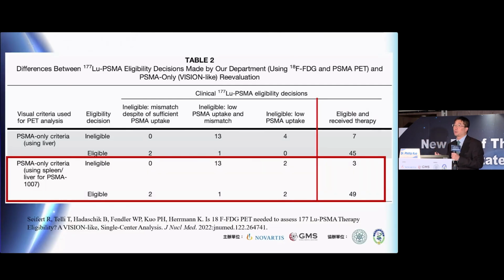And actually you do pretty well if you use spleen as we did here, where only 3 out of 52 patients that were eligible by their criteria were called ineligible by the VISION criteria. And ineligible, I think we called 15 ineligible and they called 20 ineligible. So no, it was the other way around. Sorry, we called 20. Theirs was about 30% more restrictive than ours.